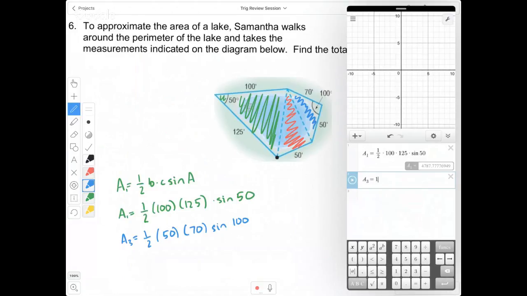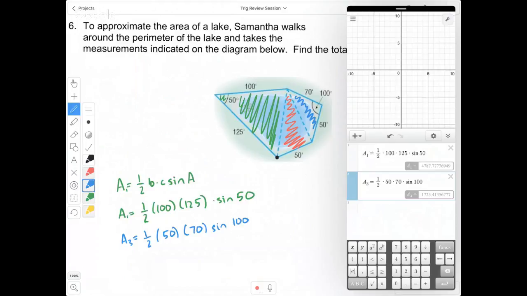So area 3 equals 1/2 times 50 times 70 times sine of 100, which is 1723. Okay.